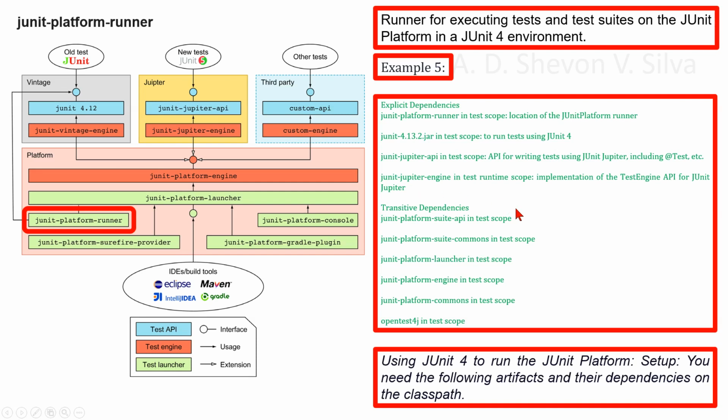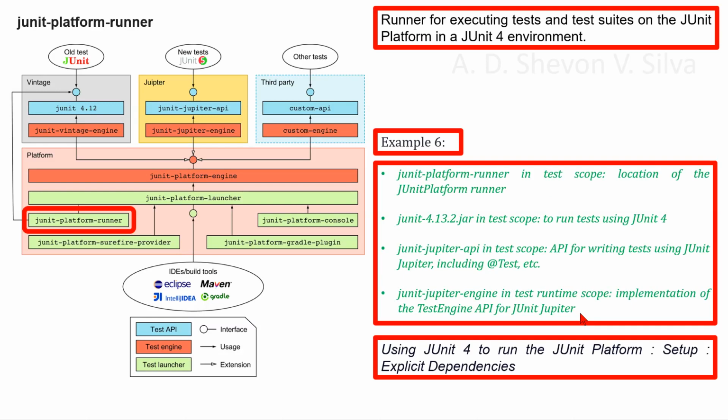Transitive dependencies: JUnit platform suite API in test scope, JUnit platform suite commons in test scope, JUnit platform launcher in test scope, JUnit platform engine in test scope, JUnit platform commons in test scope, opentest4j in test scope.